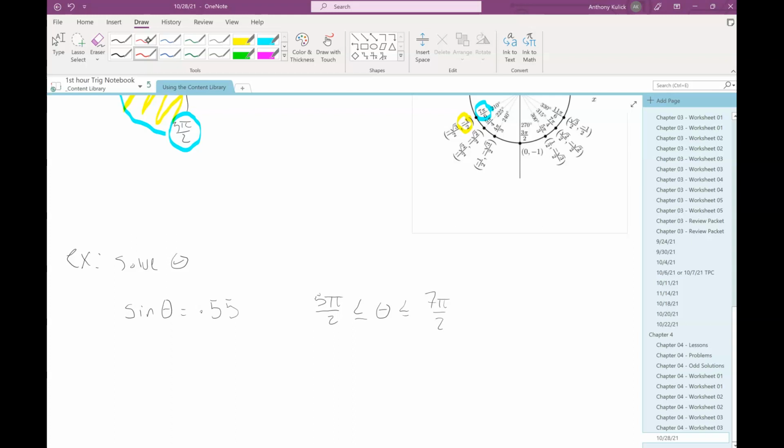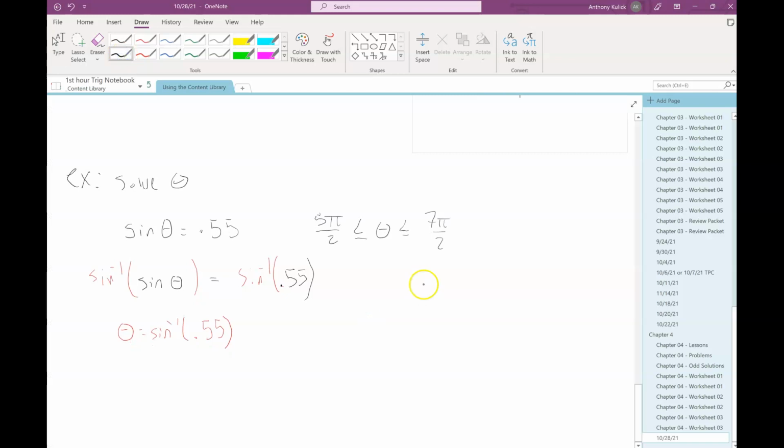So the first thing I'll do is solve my equation for theta. So I'll do the sine inverse of both sides. Everybody's so far so good there. Okay.